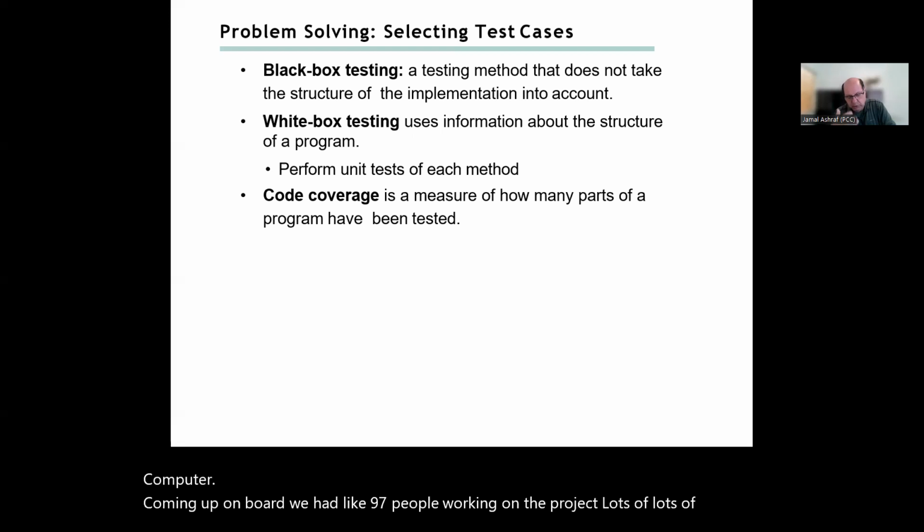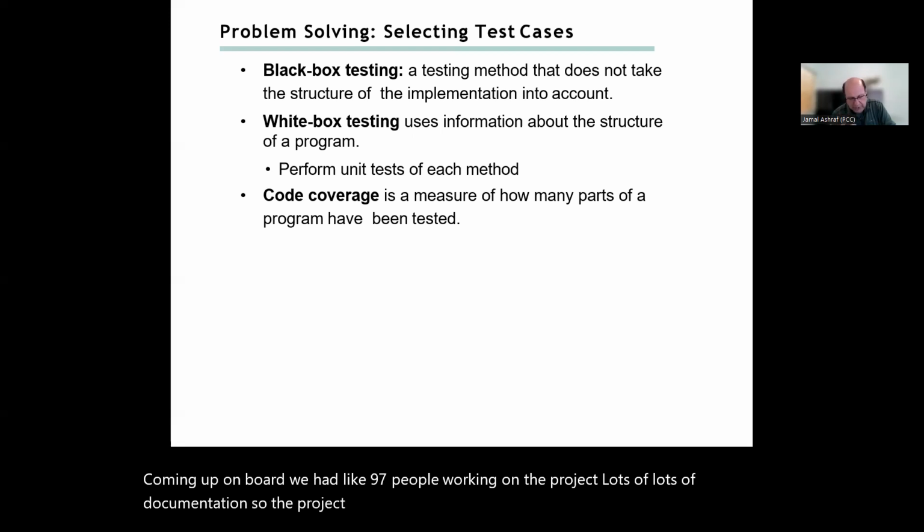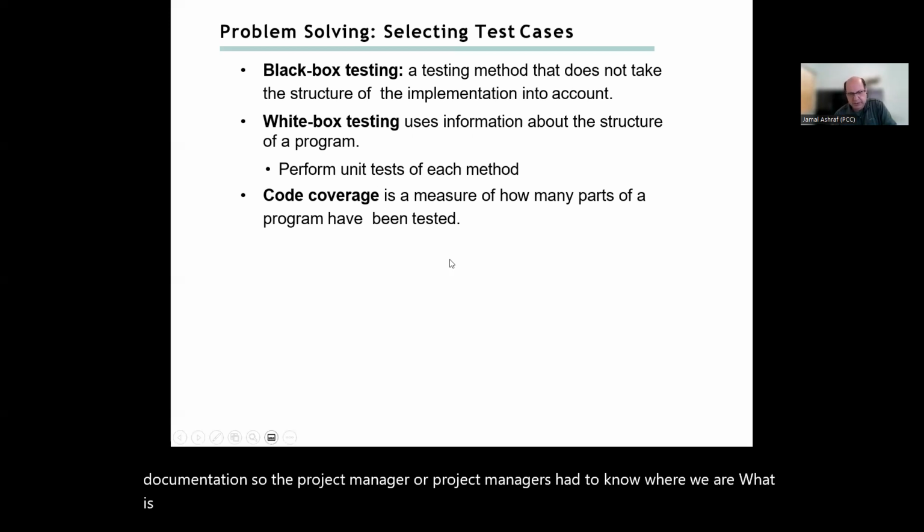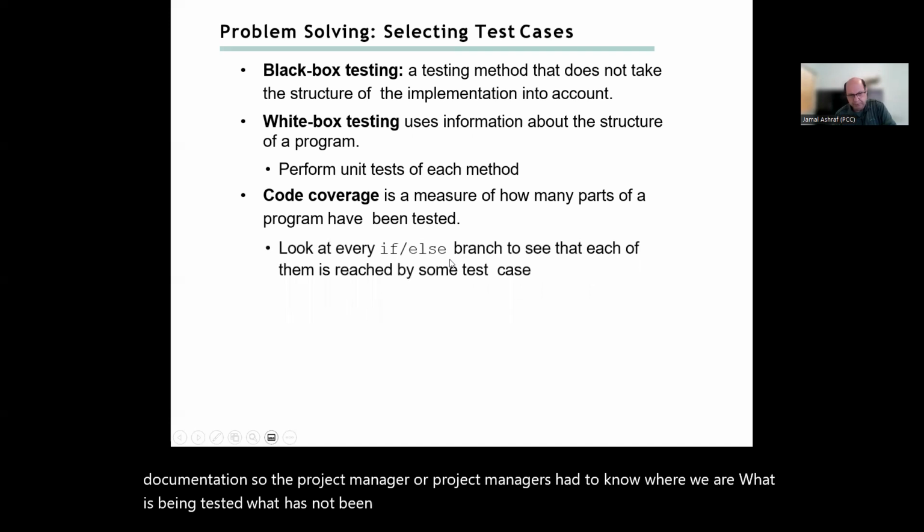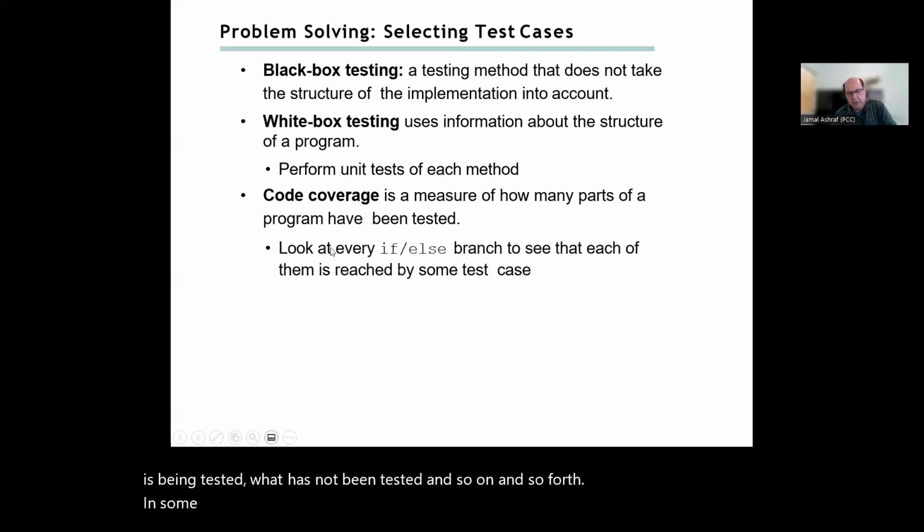So the project manager or managers had to know where we are, what is being tested, what is not being tested, and so on. In some detail, we go to every branch and look at how it is done. We do the case scenarios, the test cases, for testing them.